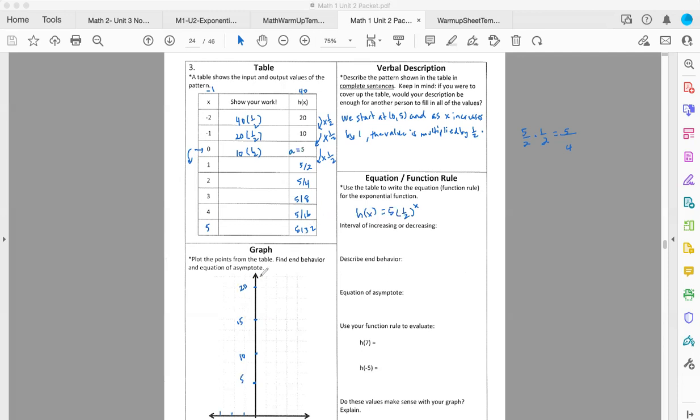So I hope my scale is good. 1, 2, 3. Yeah, I think my scale is fine. So I went to 20.